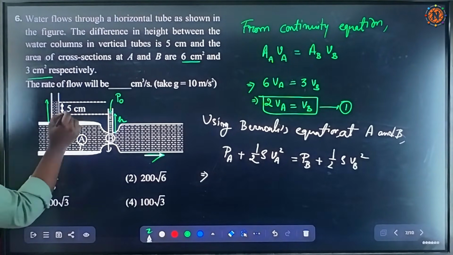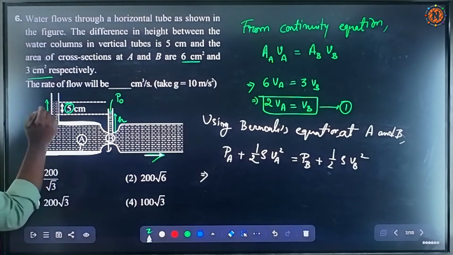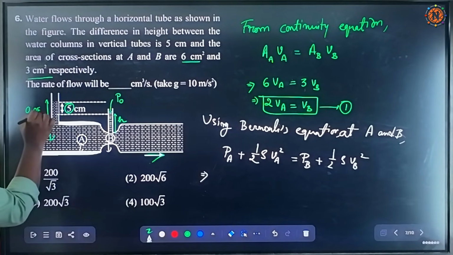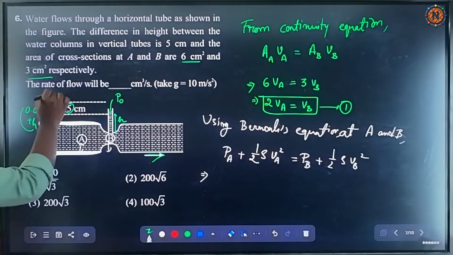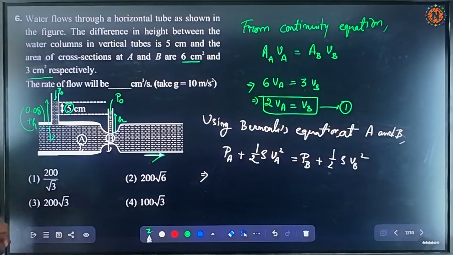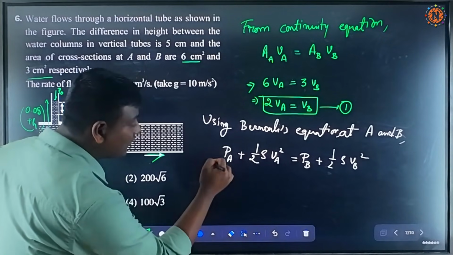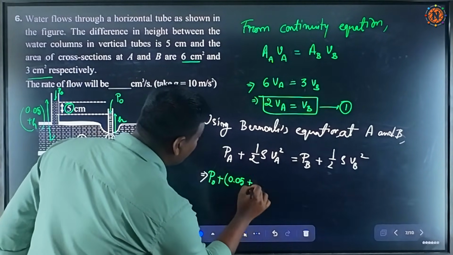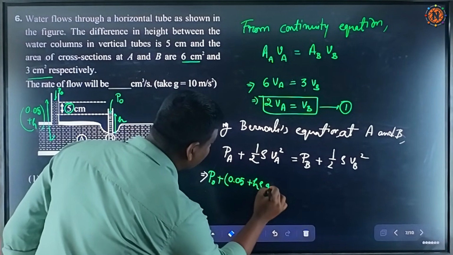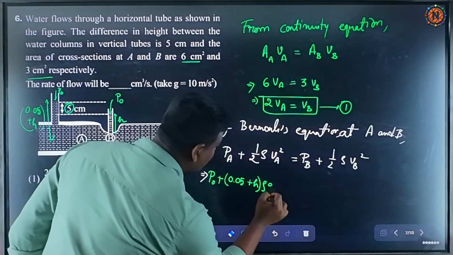Let us convert into SI unit, so it will be 0.05 plus h. Here atmosphere gives a pressure of P naught. So PA can be written as P naught plus (0.05 plus h) rho g.